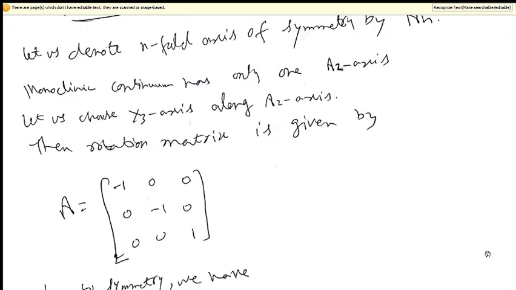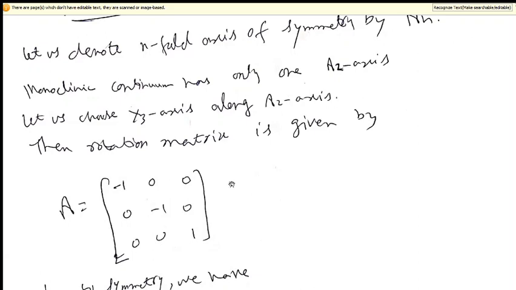Then the rotation matrix for this transformation, for this rotation, is this: cos theta, minus sin theta, 0; sin theta, cos theta, 0; 0, 0, 1, because we are taking rotation about the x3 axis.